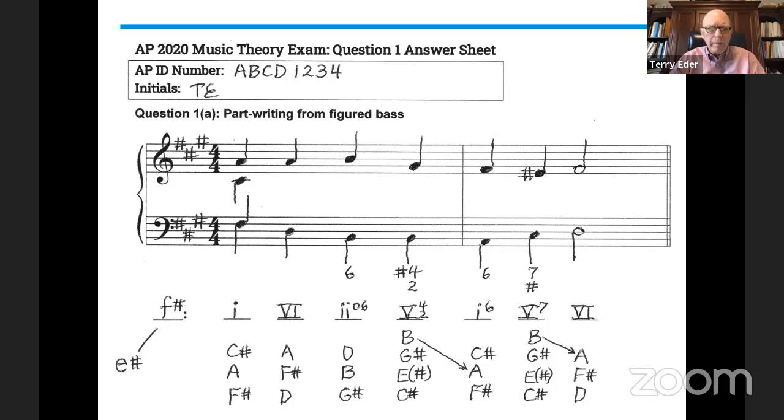It would have been down a third, and that would work. I'm pretty sure it would be getting things pretty close together vertically. And so I chose to keep the tone common. So A is common to both the 1 chord and the 6 major chord. So I kept the A for my second melody note.